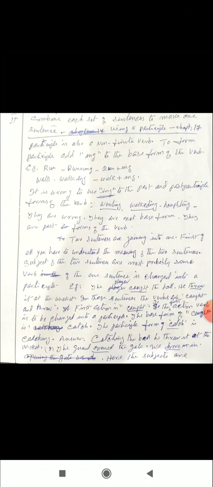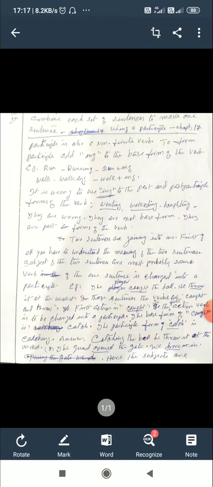Bought is a past tense. Boughting, that's wrong. Go, going, walk, walking, buy, buying. These are the present participle, the ing form of the verb. So be careful. We use ing only with the base form of the verb. Base form is equal to the present tense plural.